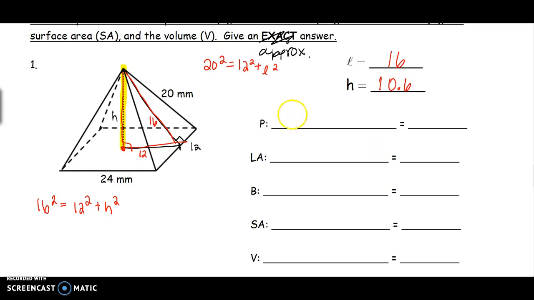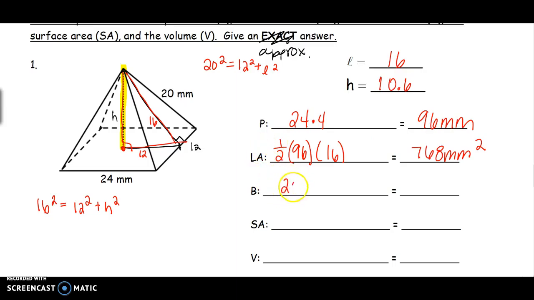So perimeter of the base, you have 24 times 4, which gives you 96 millimeters. Our lateral area, remember, is 1/2 perimeter of the base times your slant height, and we found that to be 16. That's going to give us 768 millimeters squared.